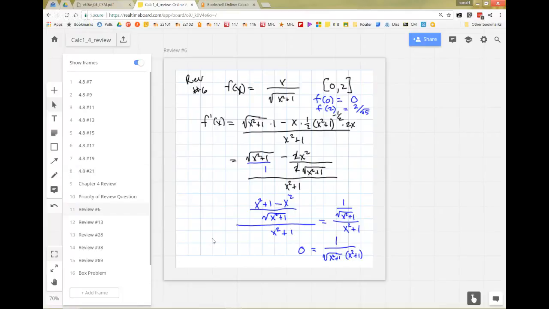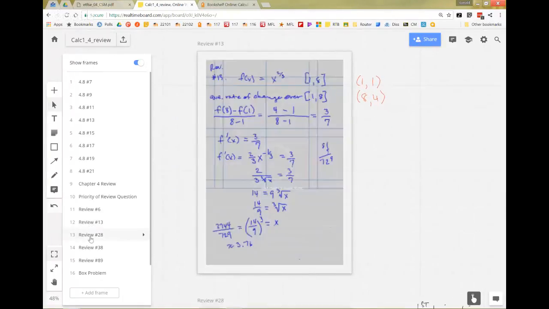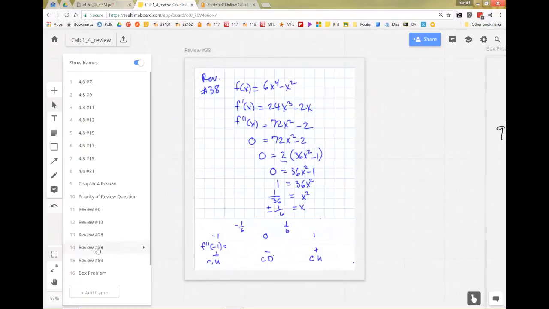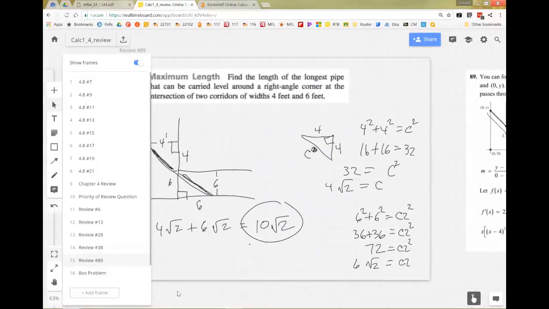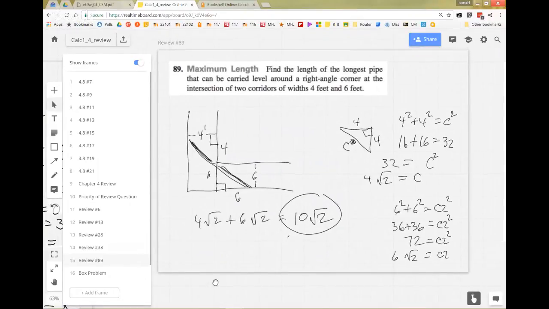Okay, we did number 6 yesterday. I think we did number 13, and we did number 28, and I think we looked at 38. Those are all problems I think we looked at in class. I don't know which section it was. Somebody asked me about 89. Somebody respond.